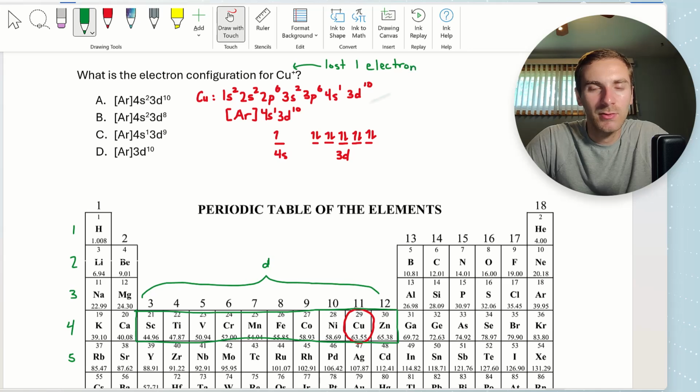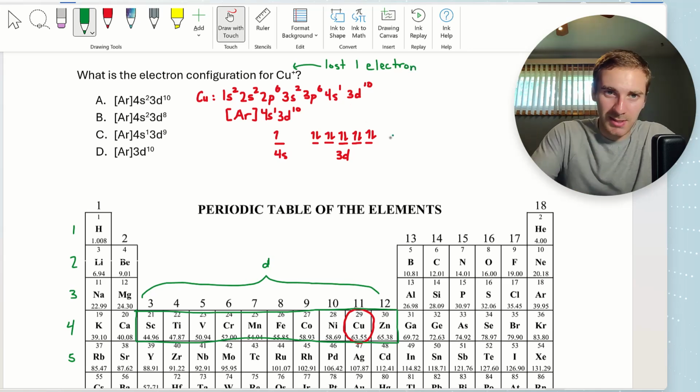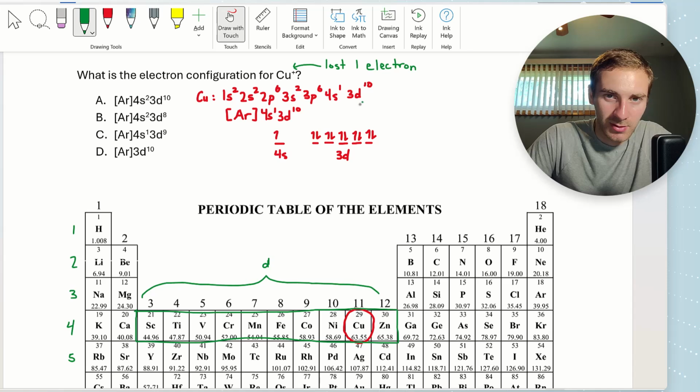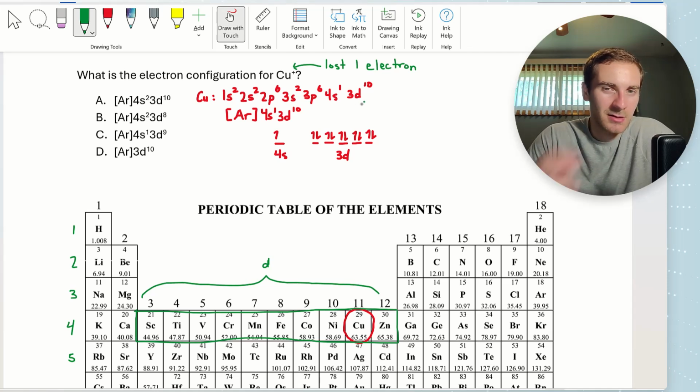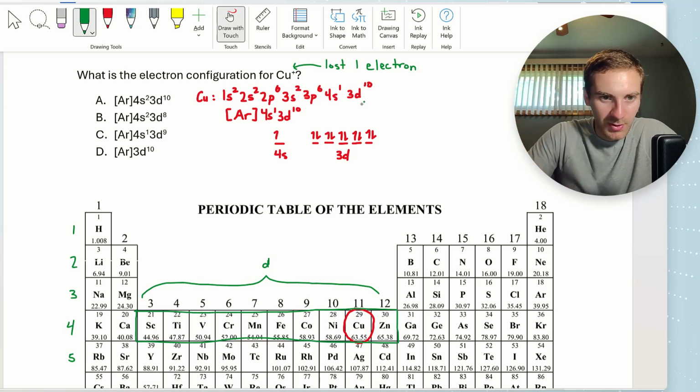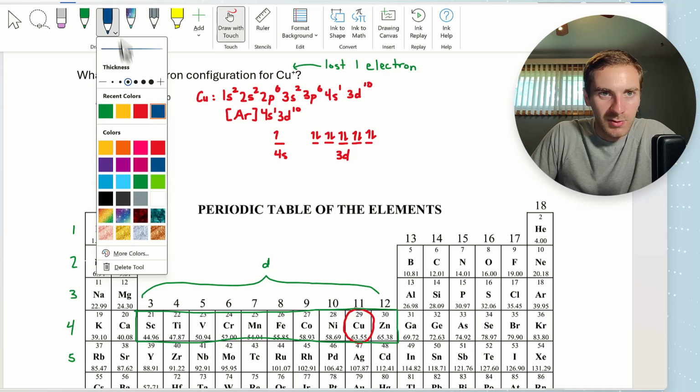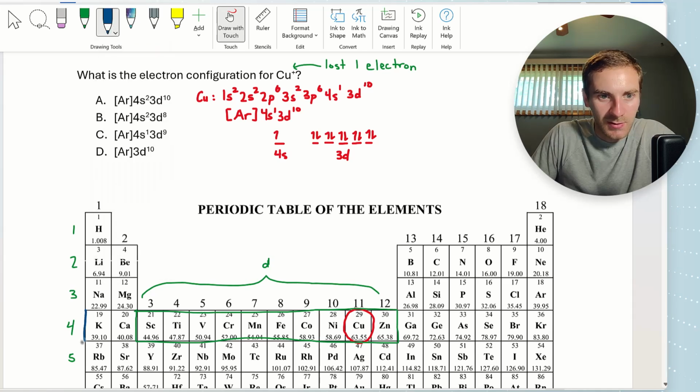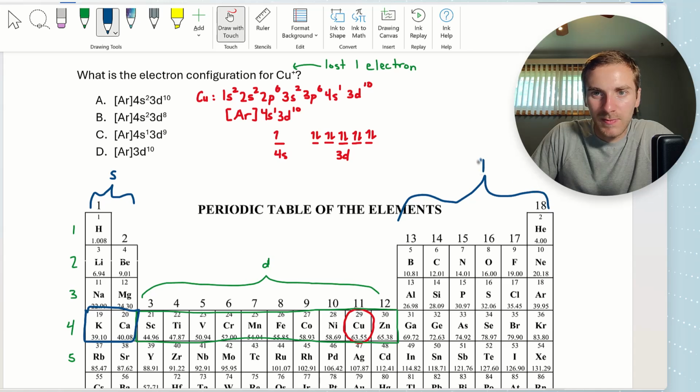Well, you might think 3d, since that's at the end of the electron configuration. And the reason it's at the end is because it's the highest amount of energy. And you just naturally, if you go in order of the periodic table, so hopefully you know that this is the 4s right here, because these 2 columns are s, these 6 are p.